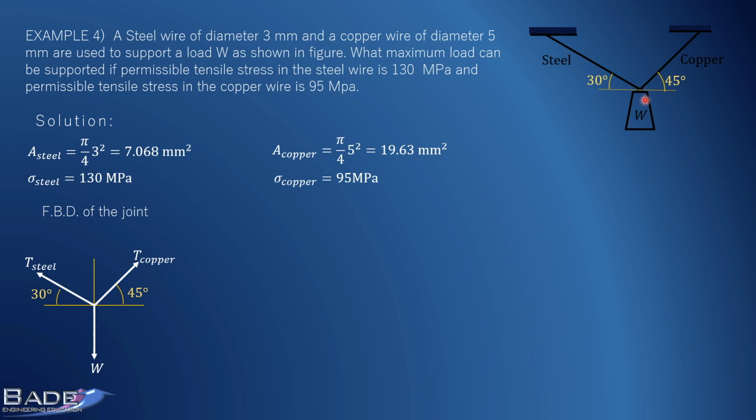This is load W. Because of this load W, how much load is on steel wire and how much load is on copper wire. Now to find these two, tension in steel and tension in copper, you may use conditions of equilibrium, sigma Fx equal to 0, sigma Fy equal to 0.